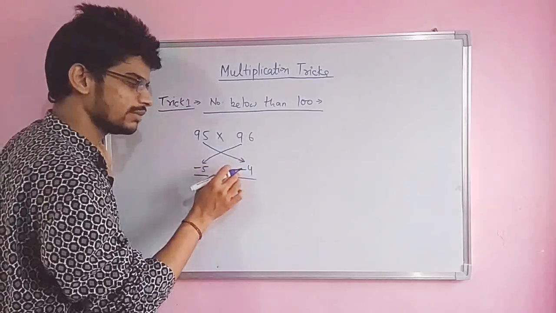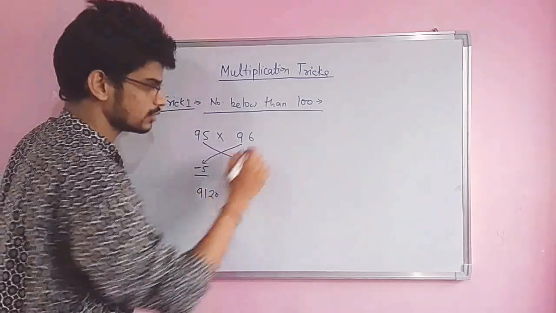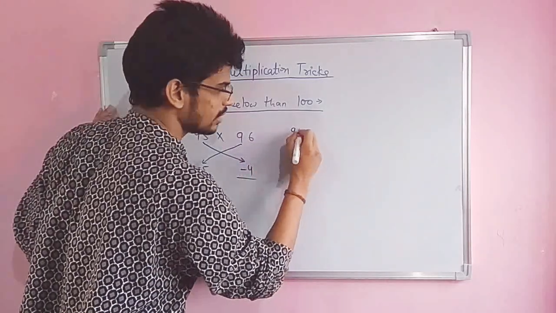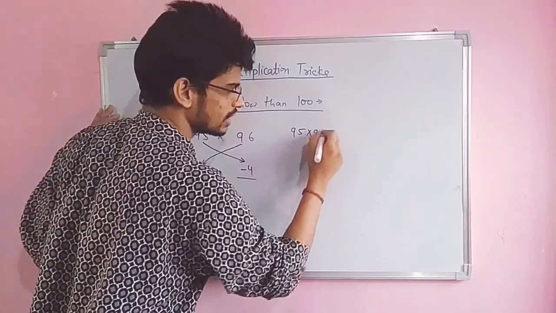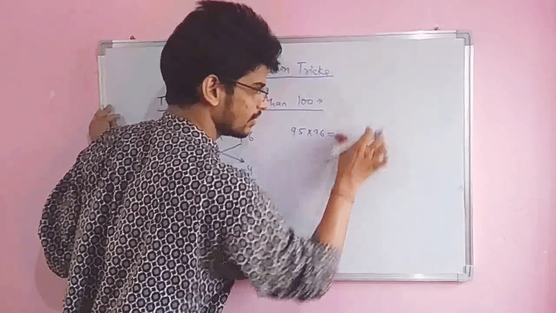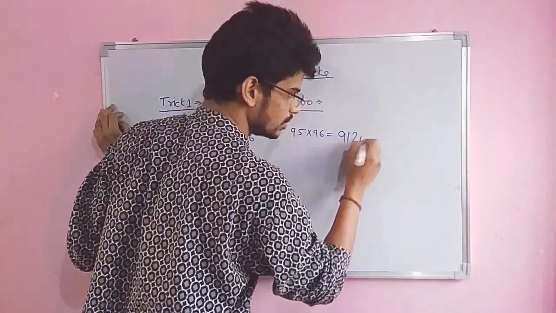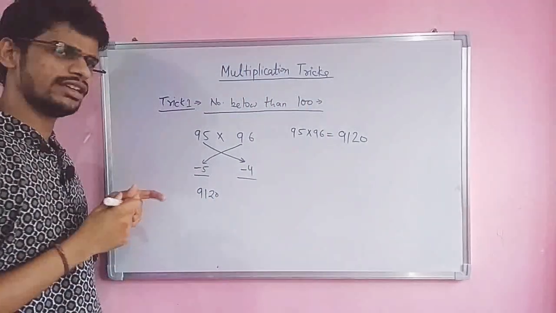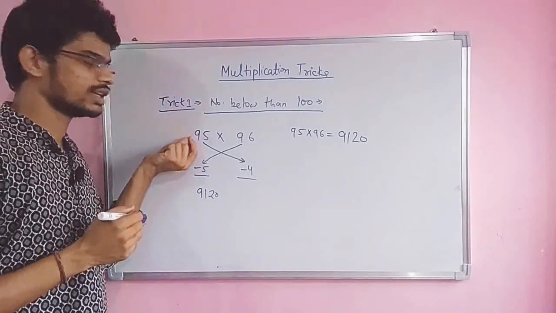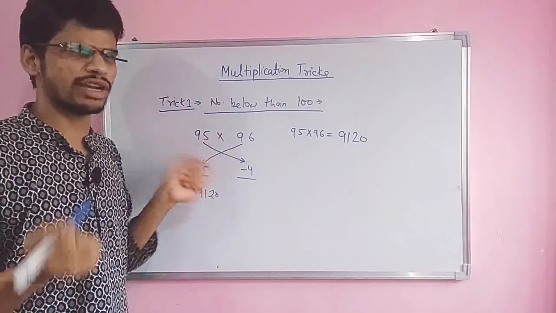Minus 5 multiplied by minus 4 is how much? 20. So we get the multiplication of 95 multiplied by 96 as 9120. We calculated the multiplication of 95 and 96 within 5 seconds.